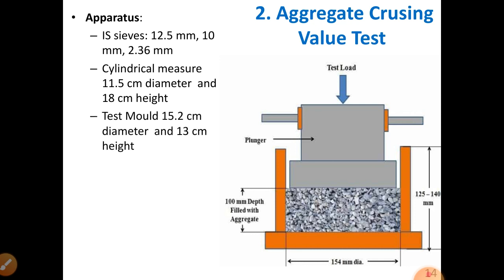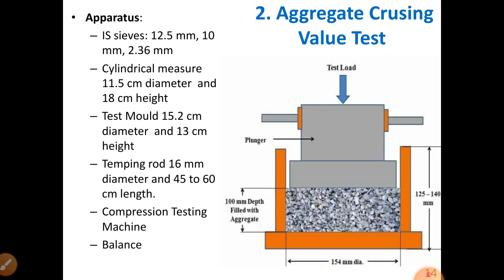Test mold 15.2 cm diameter and 13 cm height. Tamping rod 16 mm diameter and 45 to 60 cm length. Compression testing machine and balance. The cylindrical measure is used to measure the weight of the sample.